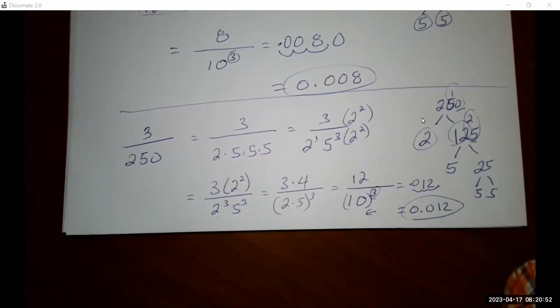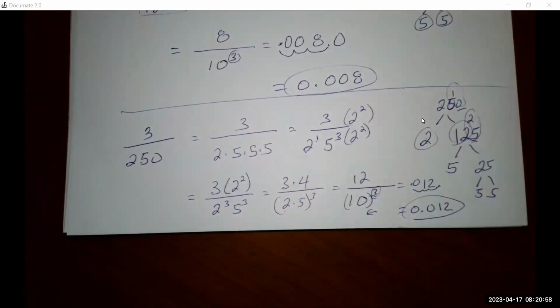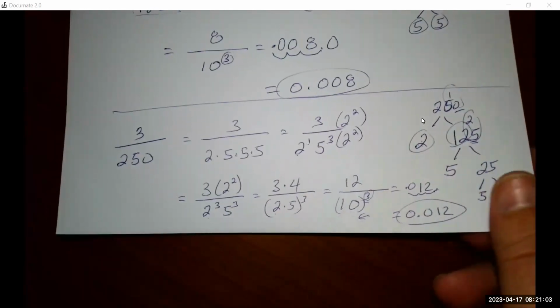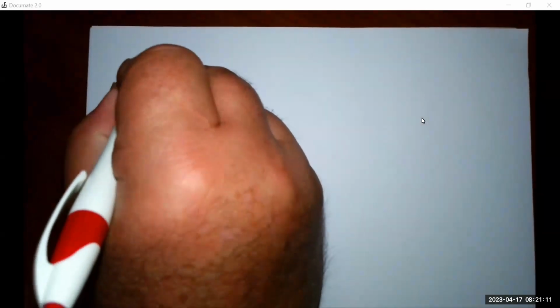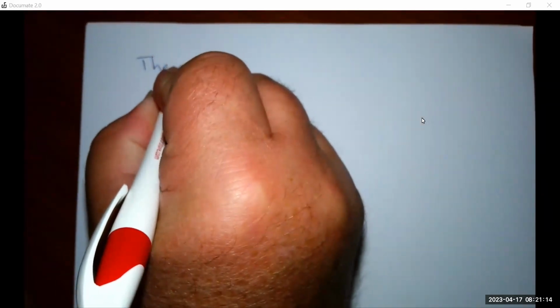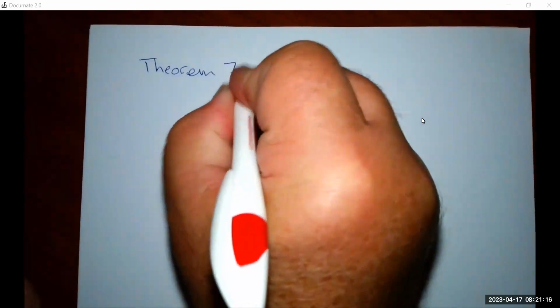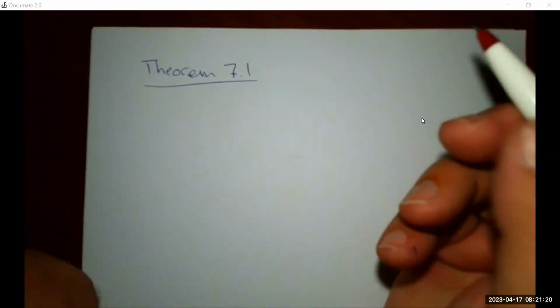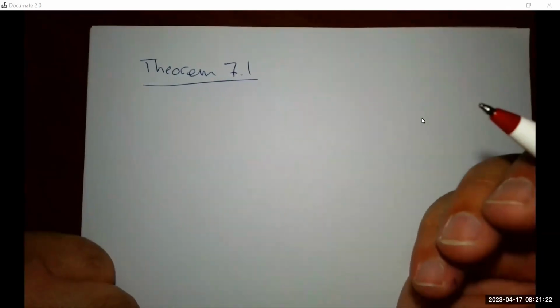All right, so that's if we have 2s and 5s on the bottom. What we're looking for here, remember, the first part we're looking at is called terminating decimal.